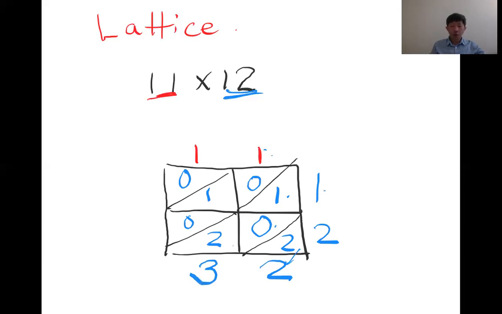We take 0 plus 1 plus 0, how many? 1. So the answer will be equal to 132. All right, that is the method. Let me give you another problem to do, okay?